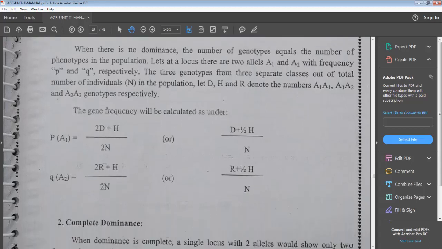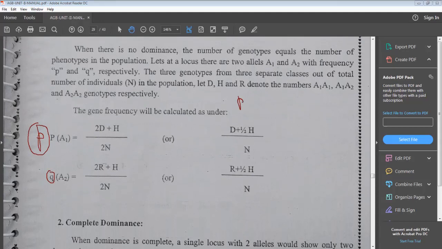For the calculation of the gene frequencies, this is not capital, this is the small p. Small p is the frequency of one gene, small q the other.